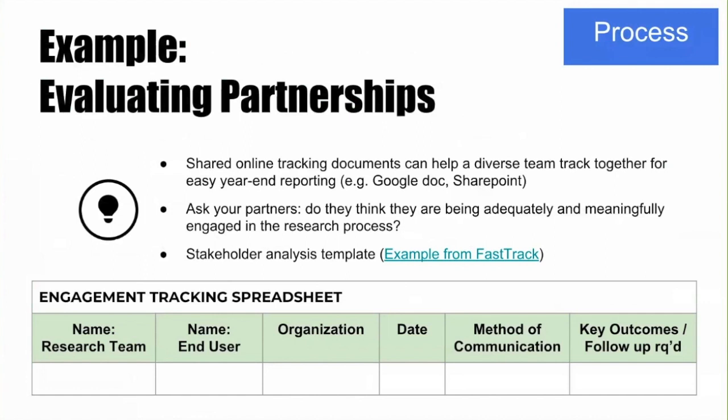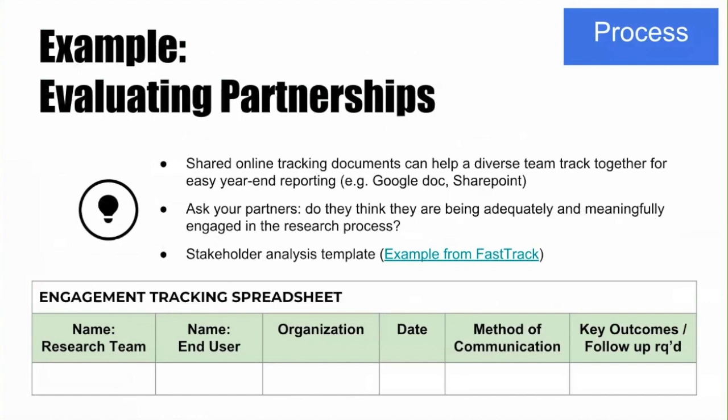So how do you evaluate whether or not you're creating value for your partners? One way is to, like I had kind of said before, talk to them. So for instance, in the Canadian Water Network with some of their projects, they actually asked their projects to go out and get a letter from their stakeholders to understand how they thought the research process was going.